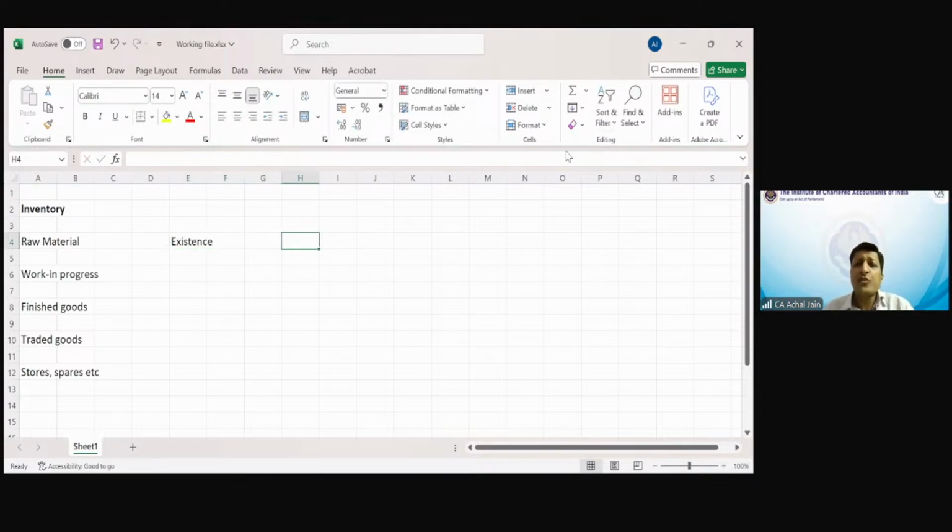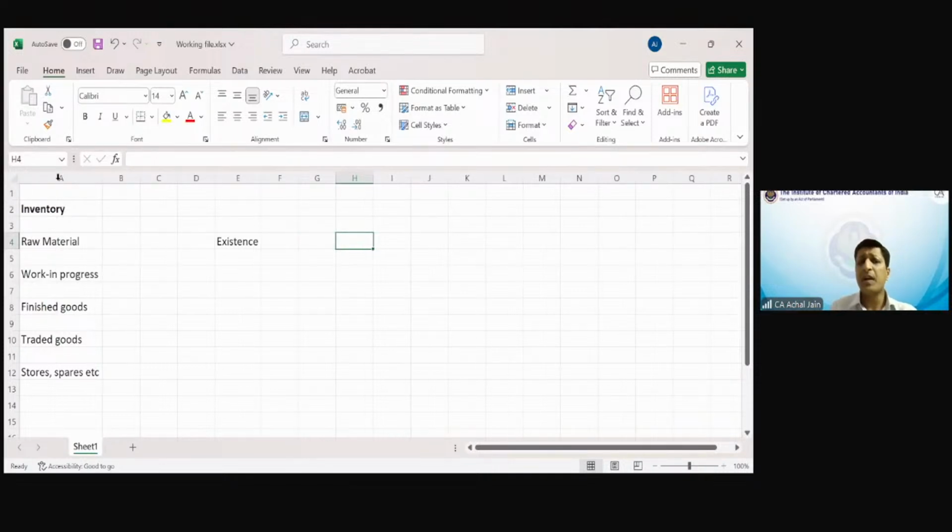So if somebody has to verify existence, now existence is not only in relation to raw material. It is also in relation to WIP, finished goods, traded goods, stores and spares. Whatever is the nature of the inventory, for all of those items, this existence assertion becomes important, or you can say it will become relevant for all of them.